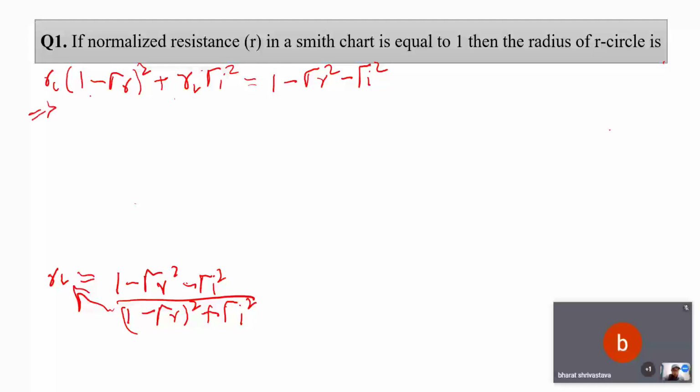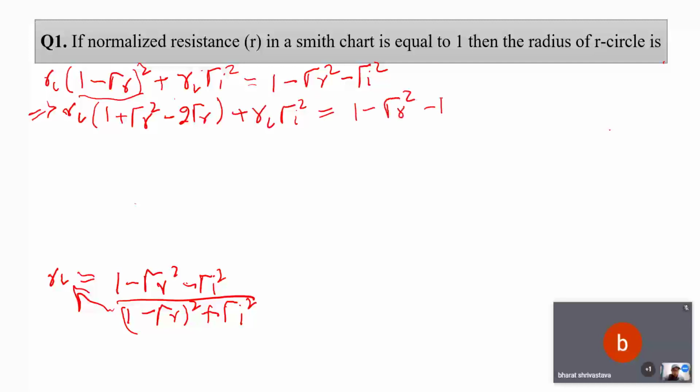You can simplify this square term: RL in bracket 1 plus gamma r square minus 2 gamma r, plus RL gamma I square is equal to 1 minus gamma r square minus gamma I square.